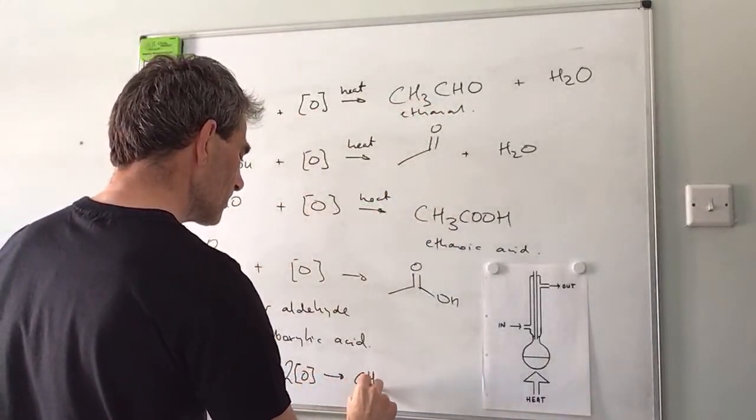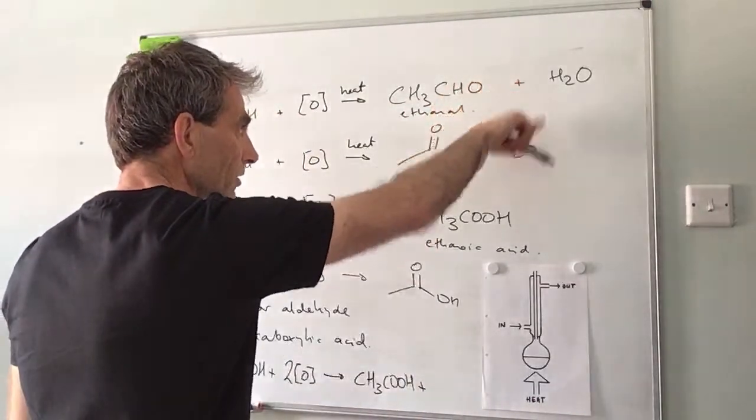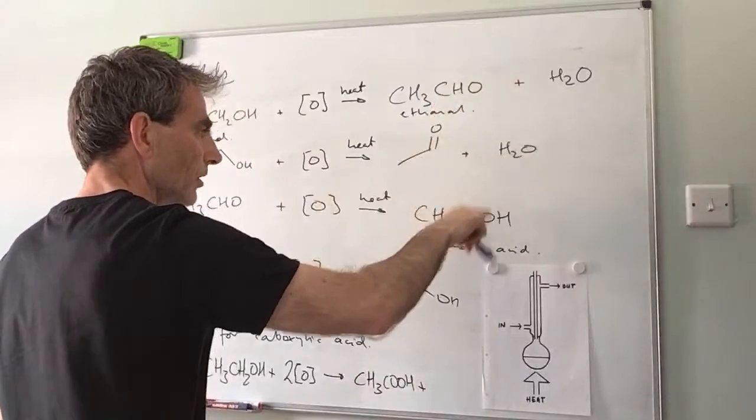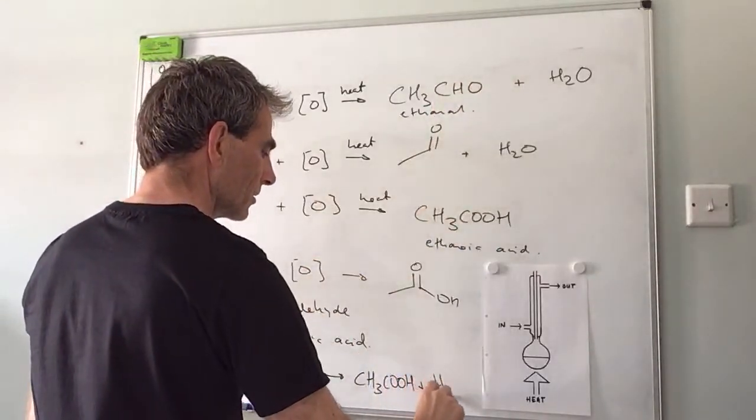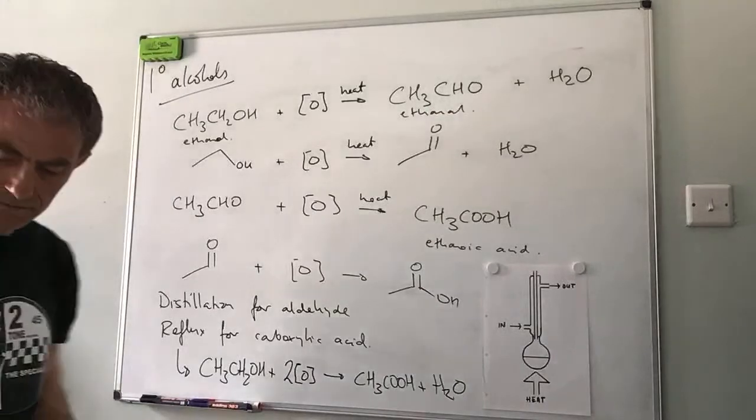That takes you to the carboxylic acid, but remember, only water is formed in the first oxidation, not in the second one. So that's the overall equation there for that.